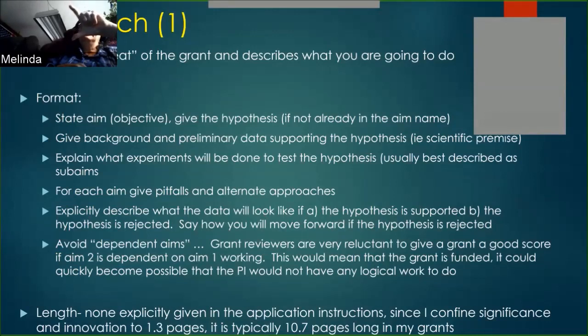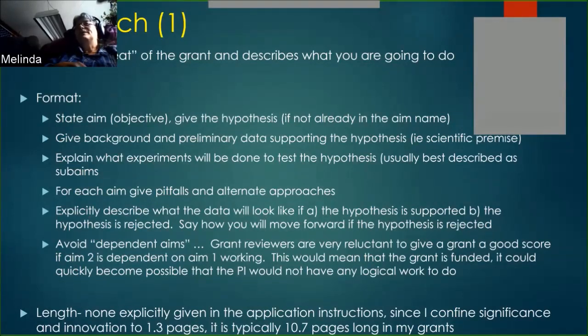Aim 2 might be to test certain parameters of how that intervention was working, and aim 3 might be the economics of it. If aim 1 fails, though, if the intervention doesn't work in the first place, aim 2 and 3 are then completely useless and shouldn't be done.